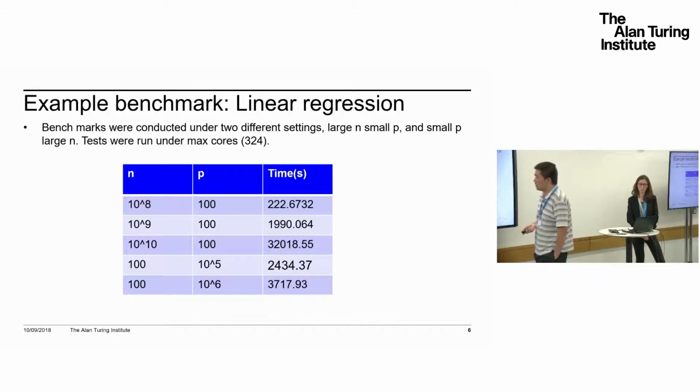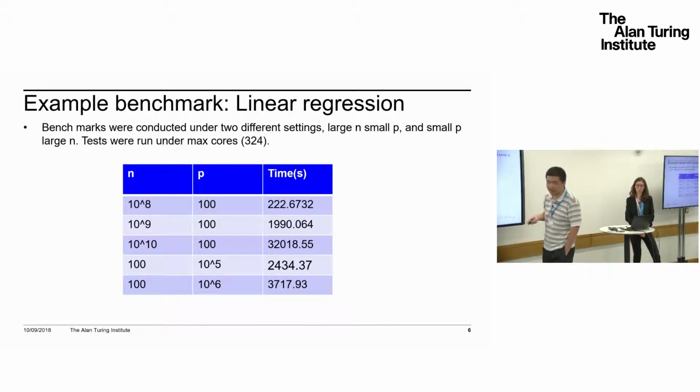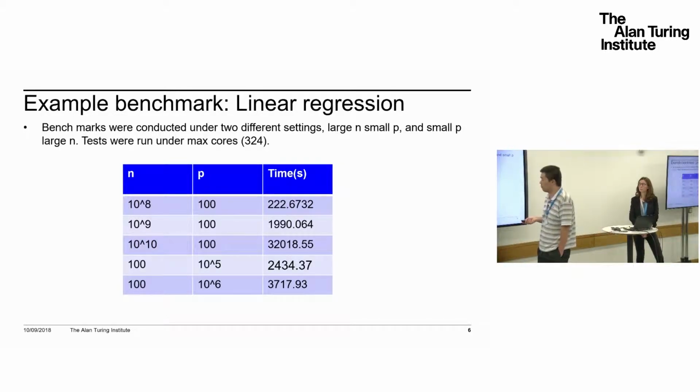For large N, the data in this case is multivariate normal, just synthetic data generated randomly. You can see that for large N and small p, Spark performs pretty well. Even at 10 billion rows and 100 columns, which should be more than enough for the vast majority of even big data applications, the code takes about 32,000 seconds to run, which is 8 to 9 hours.